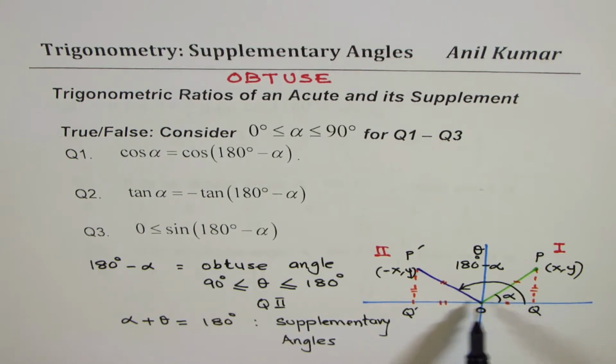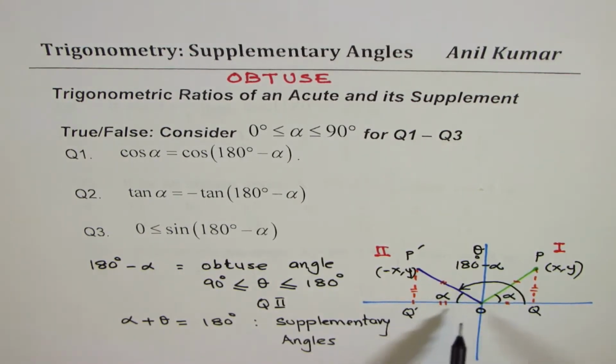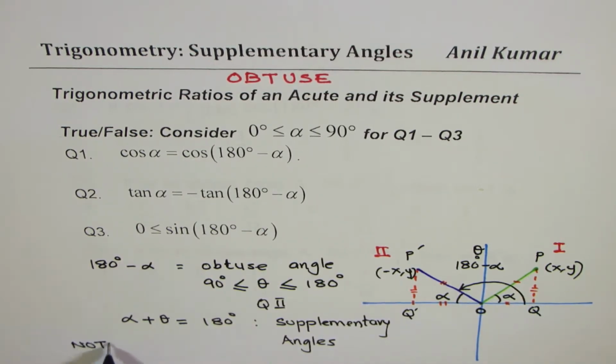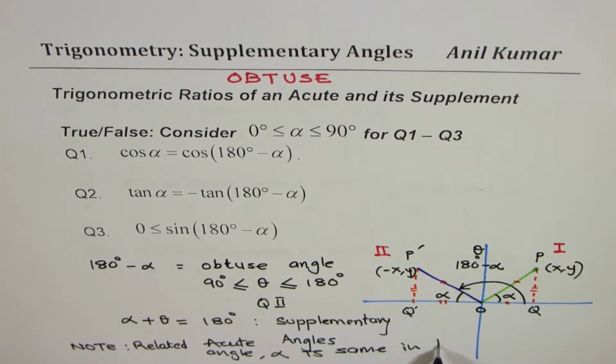And you can see for yourself that when we're talking about the same related acute angle in different quadrants, you will notice that this angle is still alpha, right? So in both the quadrants, the related acute angle is same. So note that related acute angle alpha is same in both quadrants.